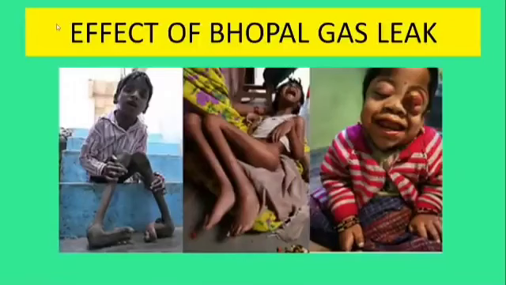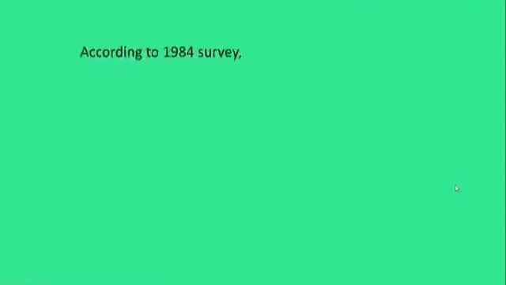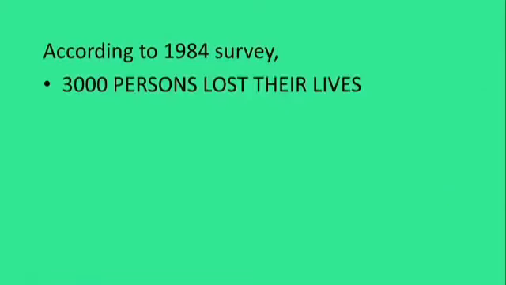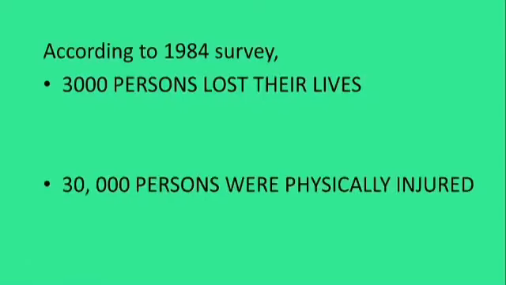The effects were quite visible immediately after the incident. Many kids were paralyzed. Many people lost their eyes, and a number of people were affected with cancer. In fact, according to the 1984 survey, 3,000 people lost their lives and 30,000 people were physically injured.